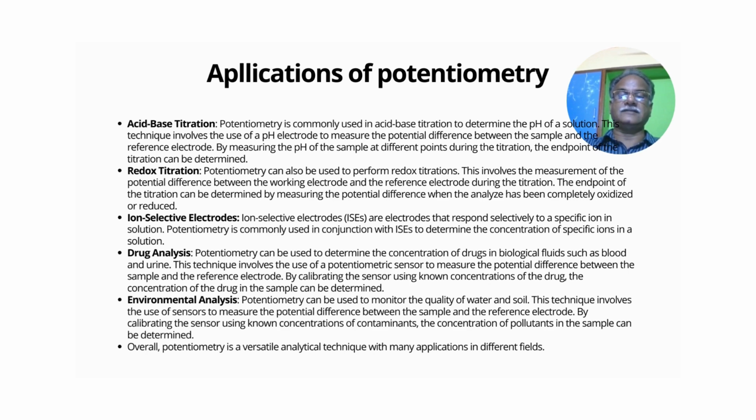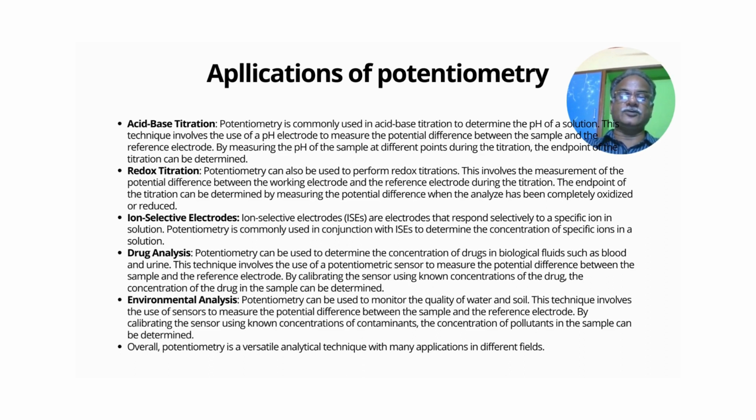Drug analysis. Potentiometry can be used to determine the concentration of drugs in biological fluids such as blood and urine. This technique involves the use of a potentiometric sensor to measure the potential difference between the sample and the reference electrode. Environmental analysis.